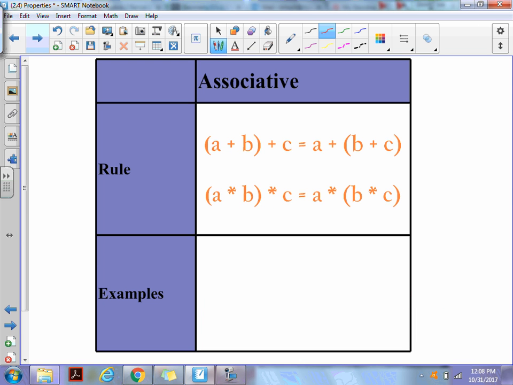Associative, this is the one with grouping. The way in which you group an addition problem or a multiplication problem doesn't matter. For example, a geometry example.